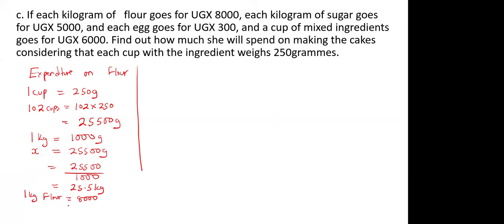So if we have 25.5 kilograms, I come and say 25.5 times 8,000. What am I going to have? I do my mathematics and I'll have shillings 204,000. That will now be my expenditure on the flour. That is the amount of money I will spend.